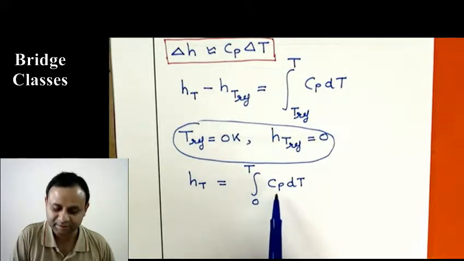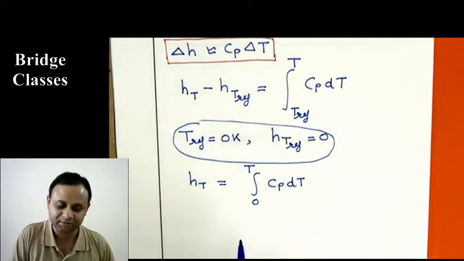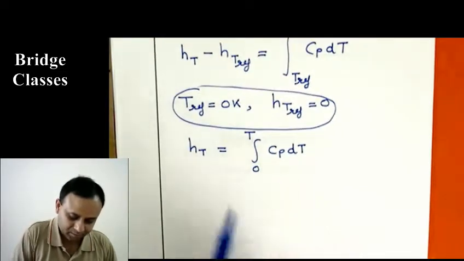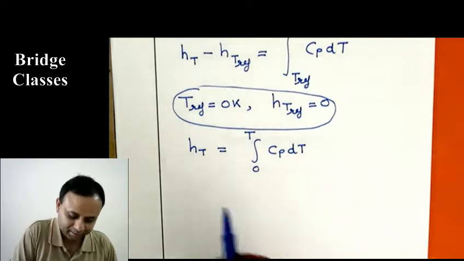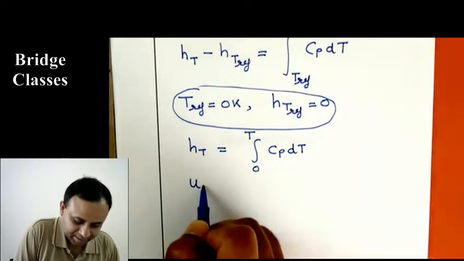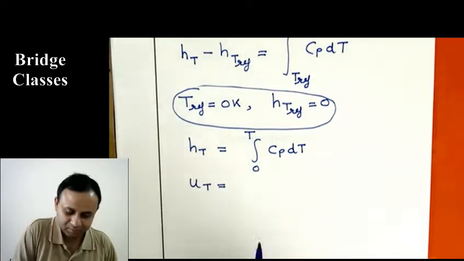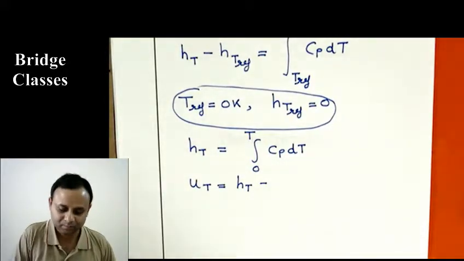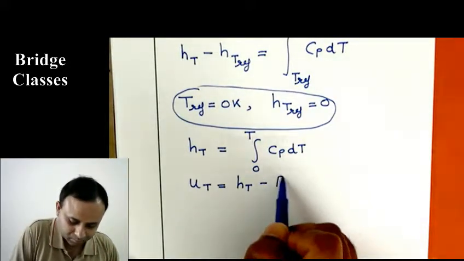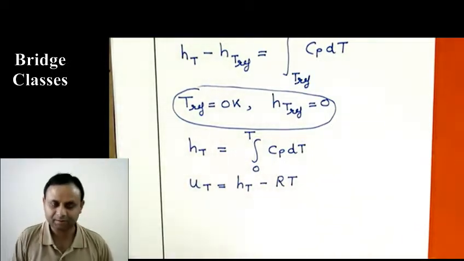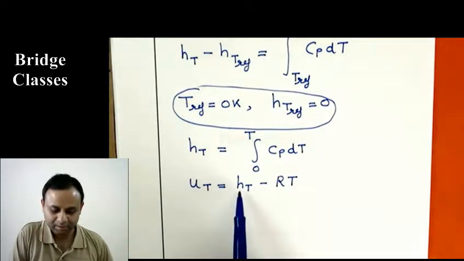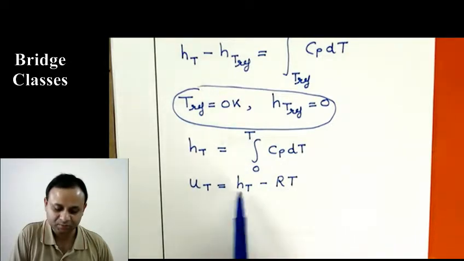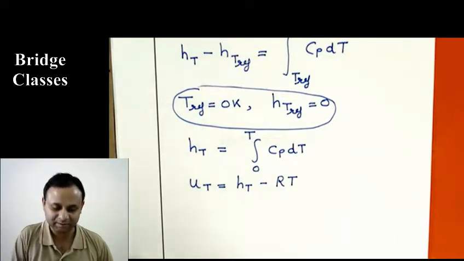We just kept it as it is, but it has been evaluated for us. And similarly, you can also get internal energy at temperature T, which will be just enthalpy minus RT, because enthalpy is U plus PV and PV is RT, so U will be H minus RT. So we get that also.